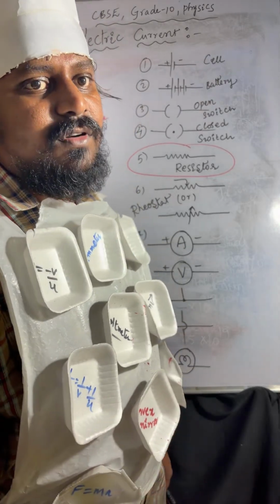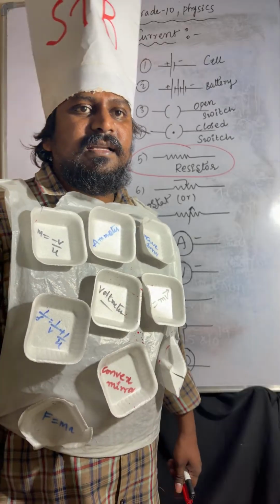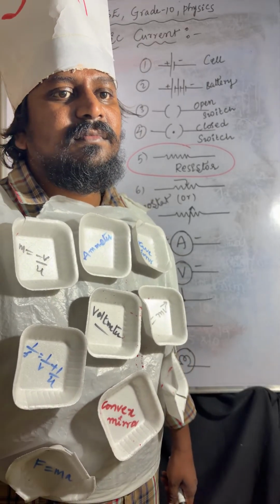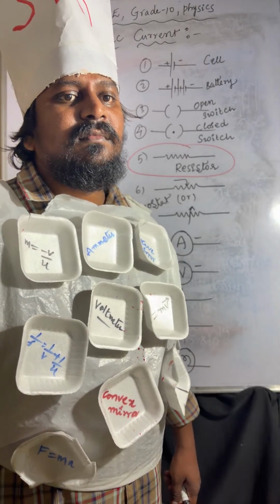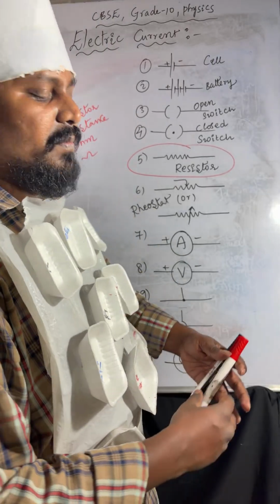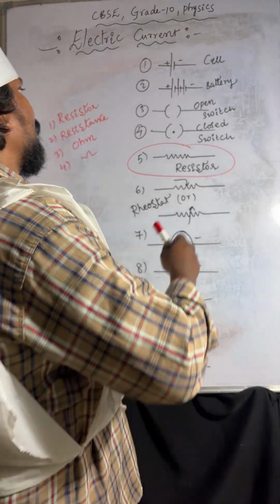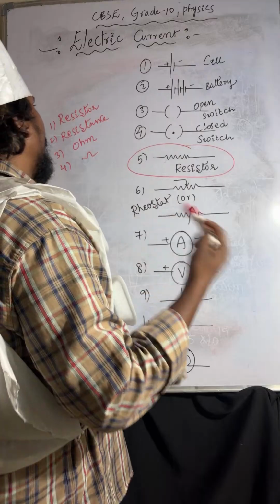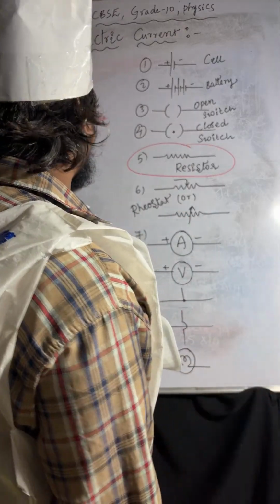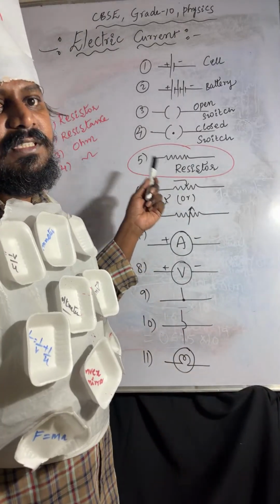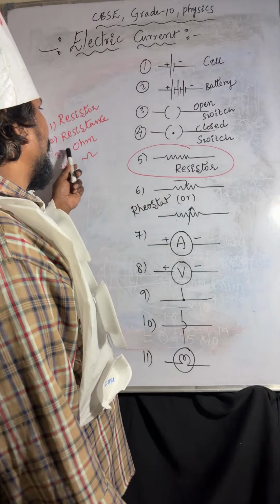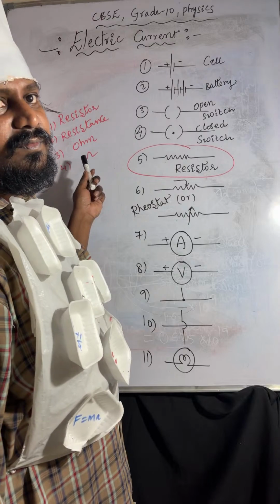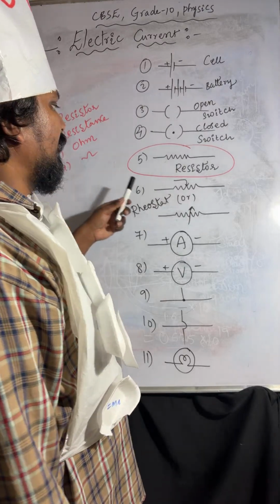Yes, of course, definitely. Resistance depends on temperature. So here you can see, resistor is a device which is used to oppose the electric current. Resistance is the phenomenon of opposing the electric current. And the SI unit of resistance is ohm. This is the symbol for resistance.